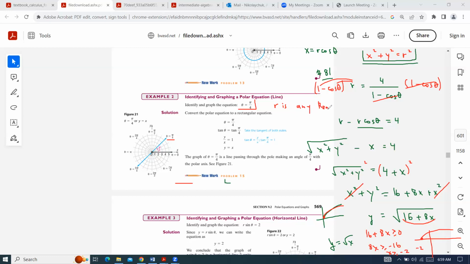It means that r is anything. So r could be 1, could be 2, could be just about any point on this angle. And remember, r can also be negative because it's any real number. So r could be -1 or -2, and that will go the opposite direction, right?